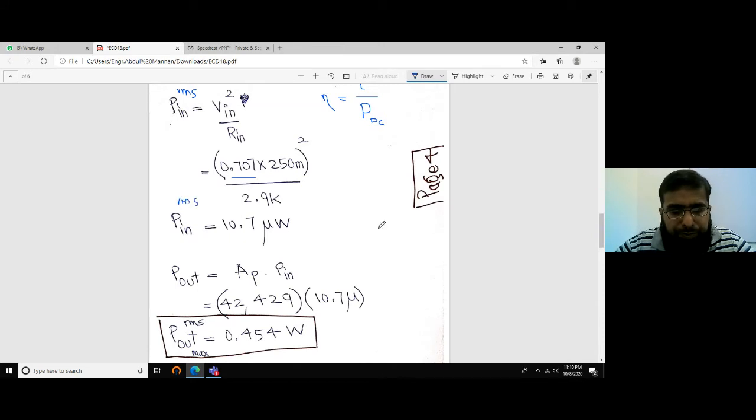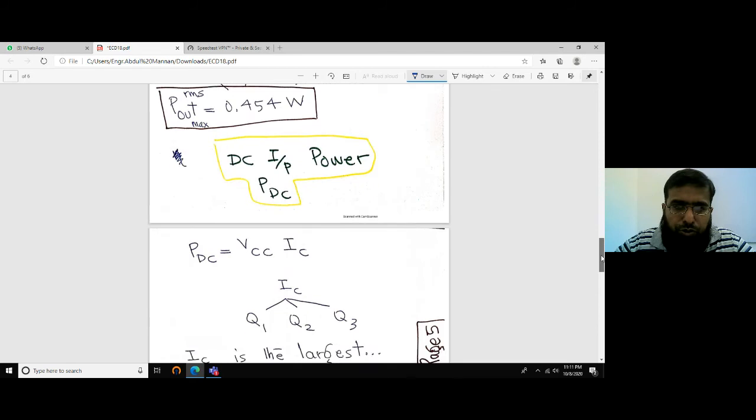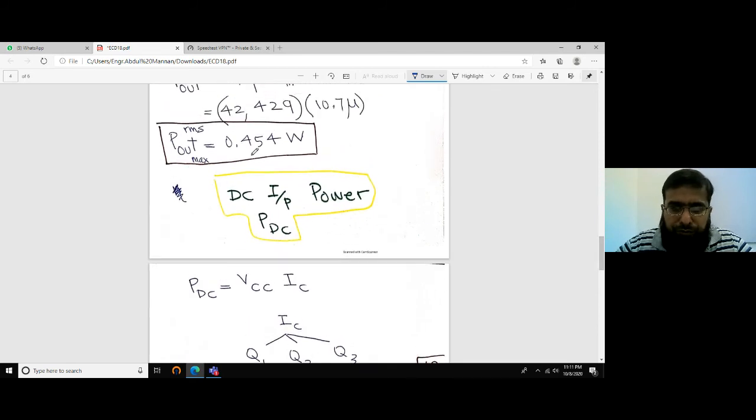This is the input power, and P out would of course be power gain times P in, because power gain is P out over P in. So P out RMS is AP times P in RMS. If you multiply, the output is almost half a watt, 0.45 watt.